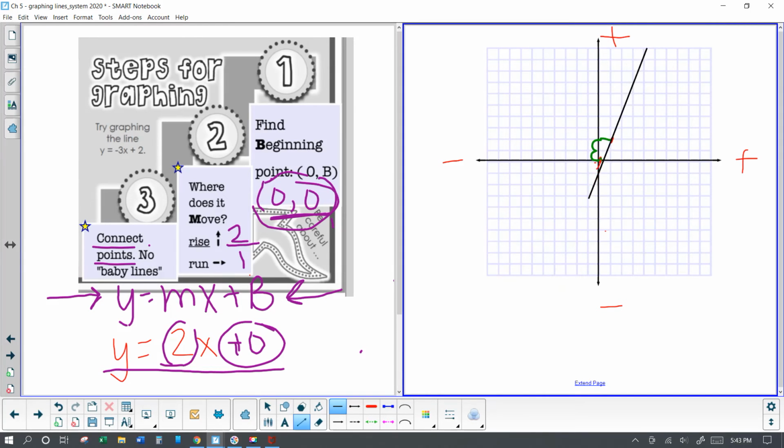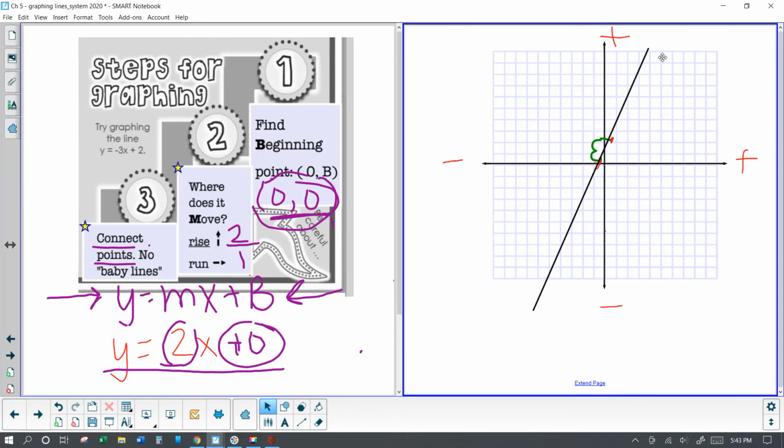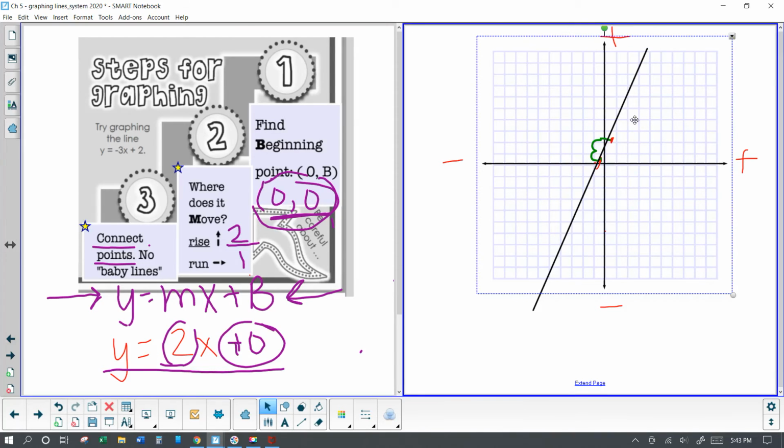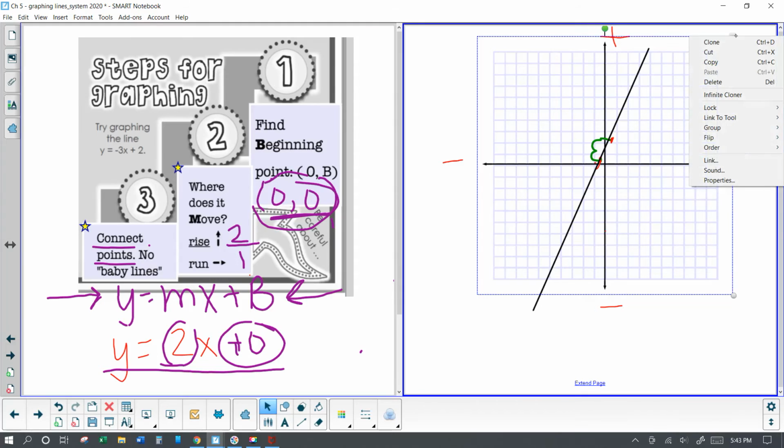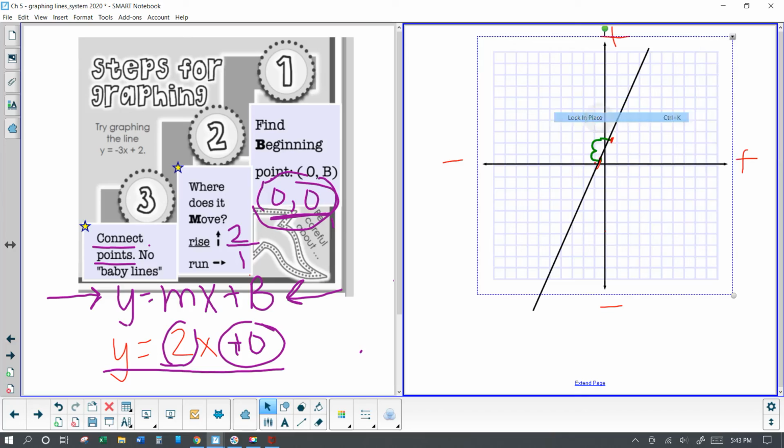I'm going to try and get it. I might have to move my line just a little bit. Now I'm moving my graph. That's not what I want to do. I'm going to move my line. It really wants me to move my graph, and I don't want it to. Let's lock it, and then it won't move. Okay.